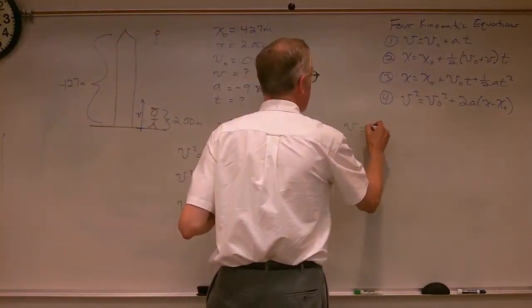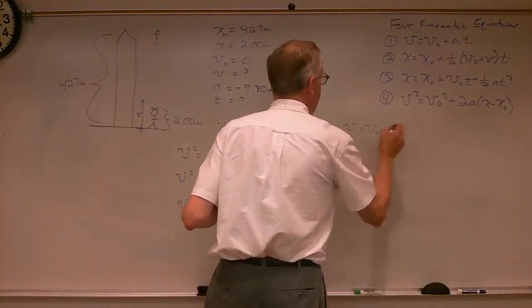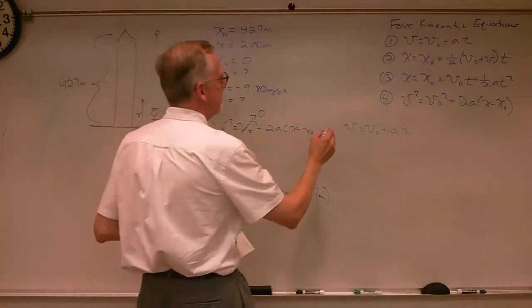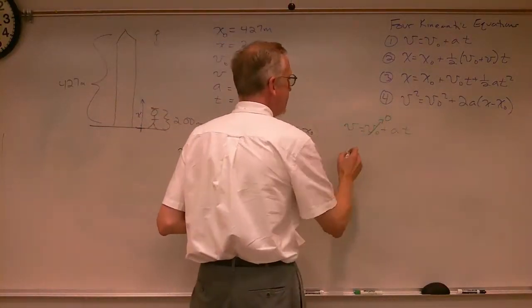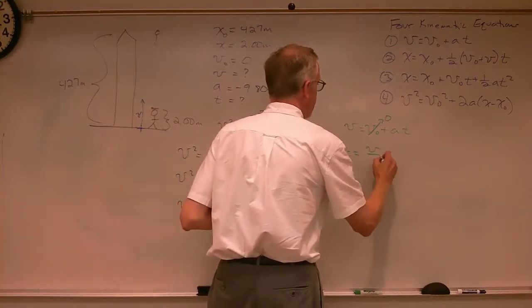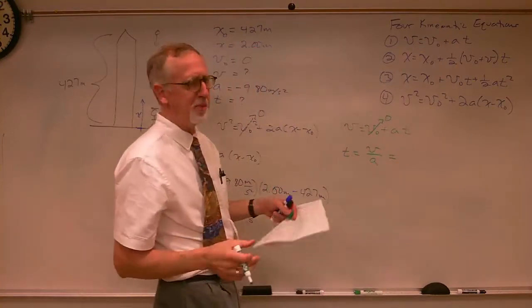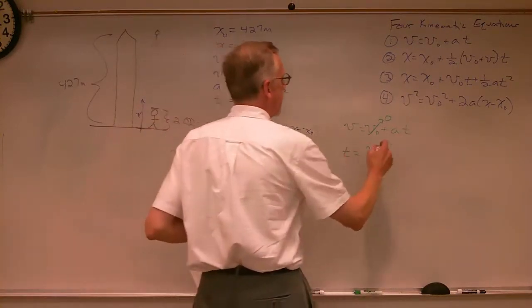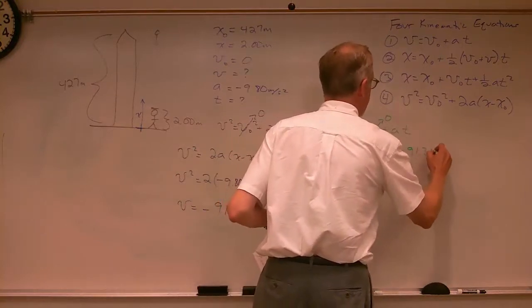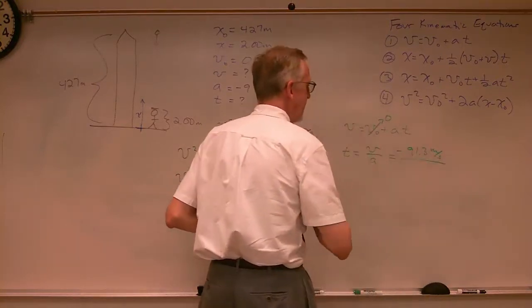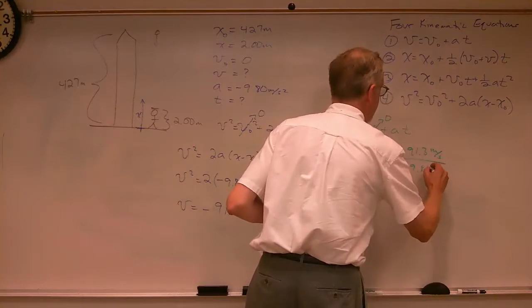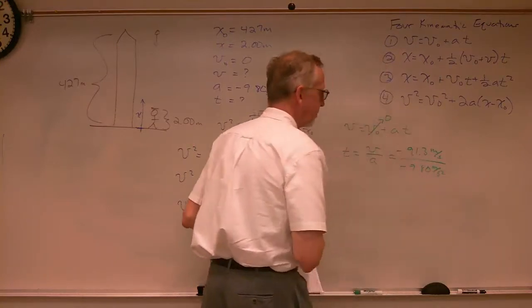We have v is equal to v naught plus at. V naught is 0, and so t is going to be v divided by a. Very simple to solve. V is negative 91.3 meters per second divided by a, negative 9.80 meters per second squared.